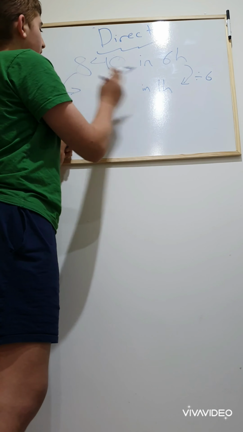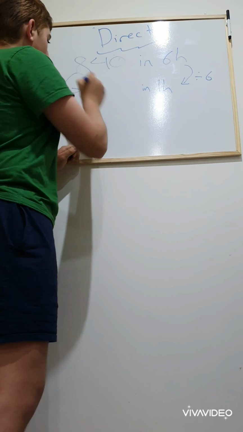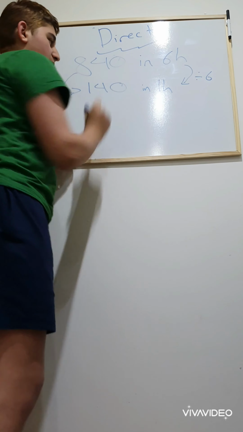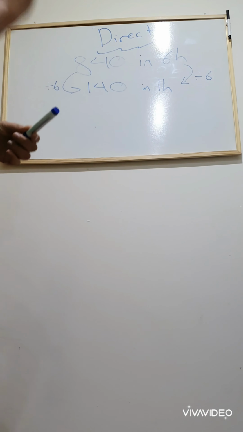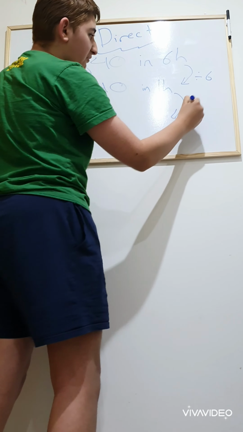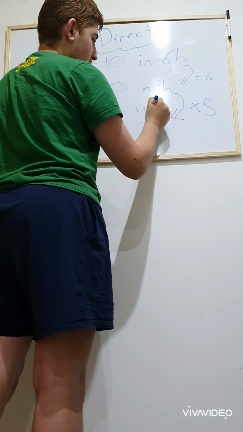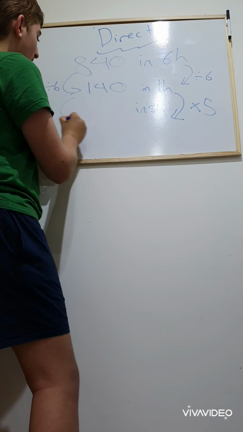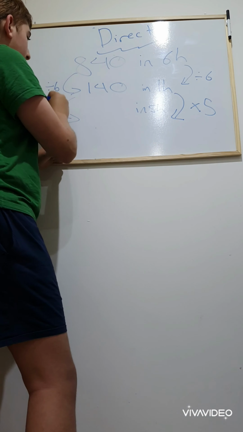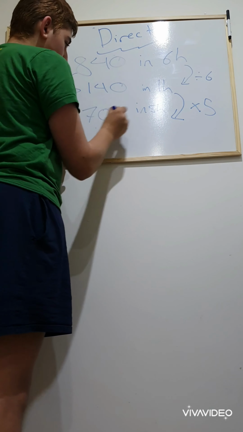So 840 divided by 6 should be 140 bottles. Okay, but we want to find 5 hours. So we times this by 5 to get 5 hours. And we also times this by 5 to get 700 bottles.